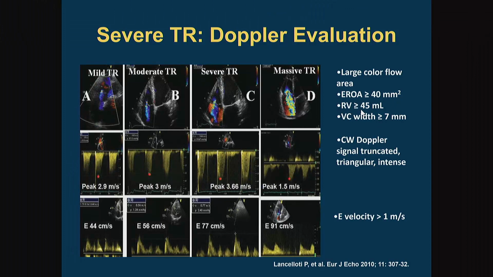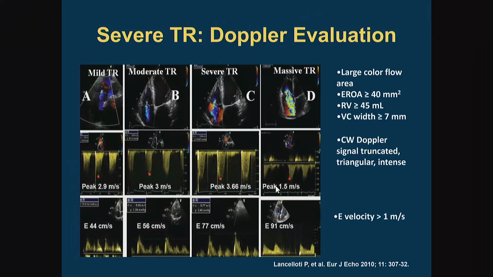Regurgitant volume that is greater than 45 defines severe TR, and a vena contracta width measured right at the annulus greater than 7 is consistent with severe TR. So these are the numbers to keep in mind.